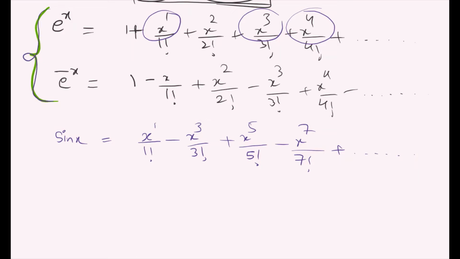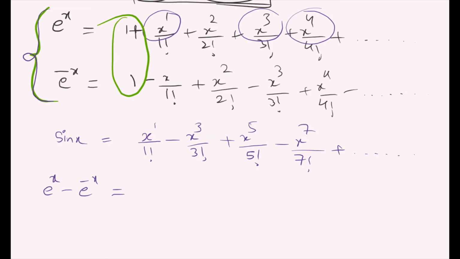If you take these two functions, e power x and e power minus x, and subtract e power minus x from e power x, I have e power x minus e power minus x. Here 1 minus 1 becomes 0, and x by 1 factorial minus of minus.